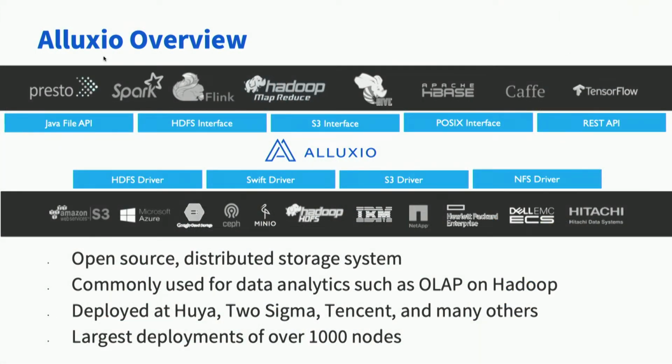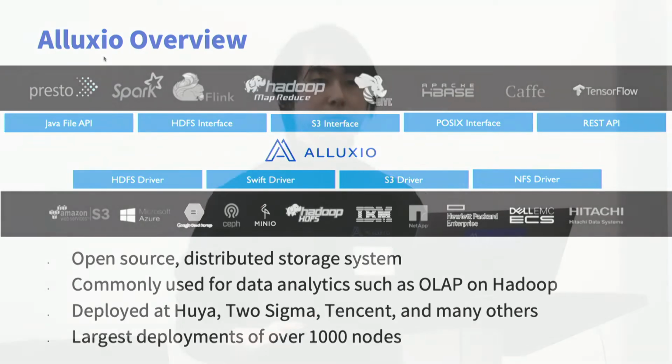So before we dive into the details of Alluxio 2.0, I wanted to give you a quick refresher for those of you who aren't that familiar with what Alluxio actually is. Alluxio is an open source distributed storage system. We sit in between compute frameworks like Spark or Hive or Presto and traditional storage systems like S3 or HDFS.